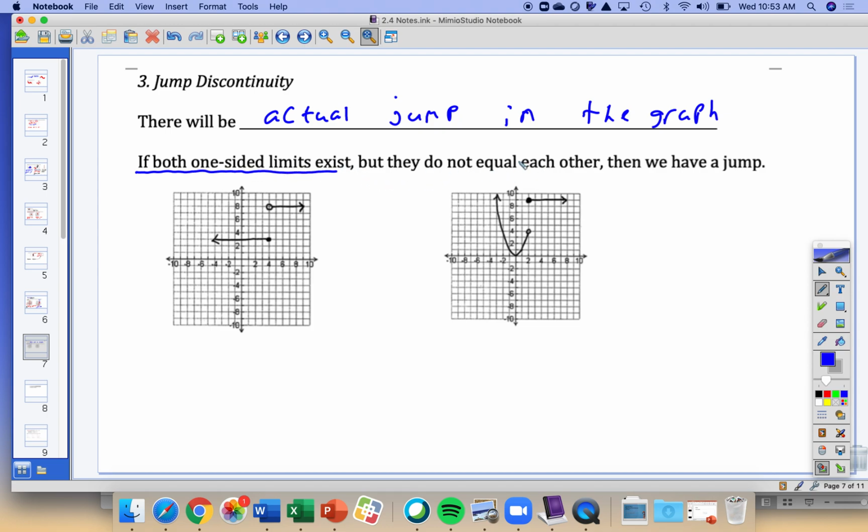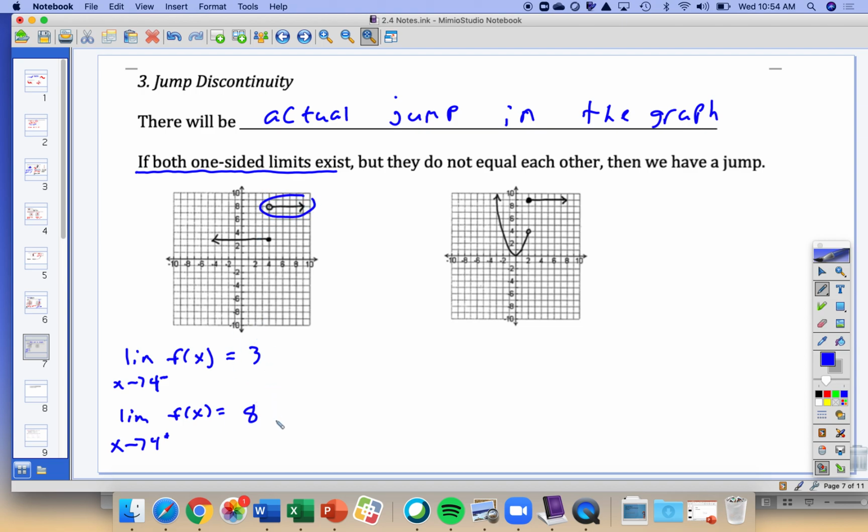does not exist. So here, if I have the limit as x approaches 4 of my function, well, let's go 4 from the left, and that would be the value of 3. And the limit as x approaches 4 from the right, so we're looking at this guy up here, that would be 8.